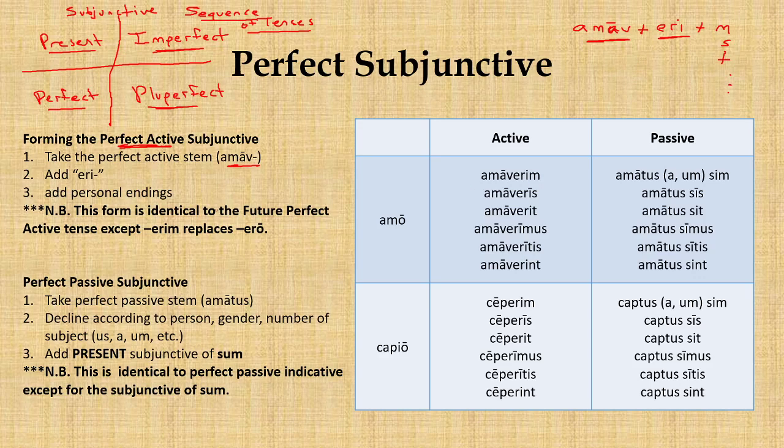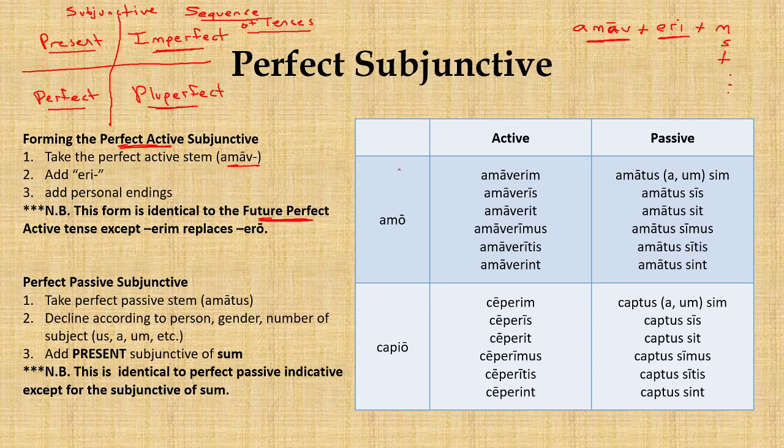But something I'd like to just make sure you're aware of, so you don't get too frustrated learning this, is that this is actually, in almost every way, identical to the future perfect active tense, the future perfect.